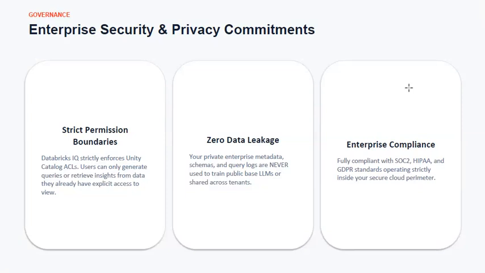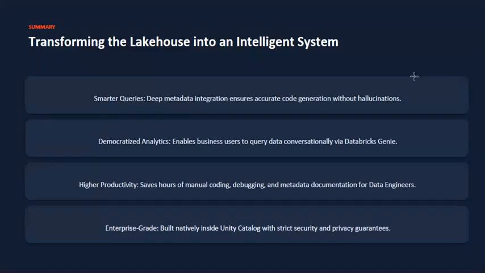Zero data leakage means your private enterprise metadata, schemas and query logs are never used to train public base LLMs or shared across tenants. Enterprise compliance: fully compliant with SOC 2, HIPAA and GDPR standards and operating strictly inside your secure cloud premier.